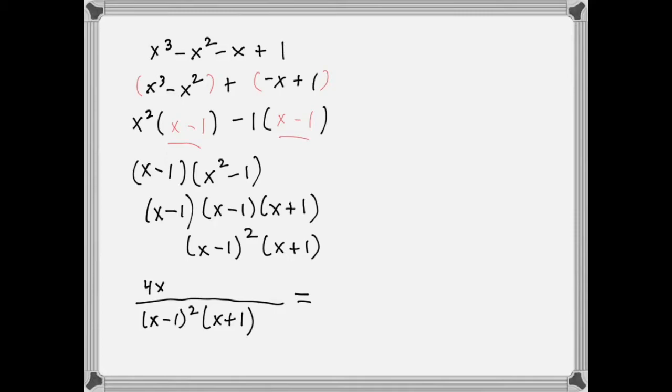Remember, you need an unknown for each of the powers that you see. So because we see a second power on the bottom for that one, it's going to look like this. A over x minus 1 plus b over x minus 1 squared, and then plus c over x plus 1.